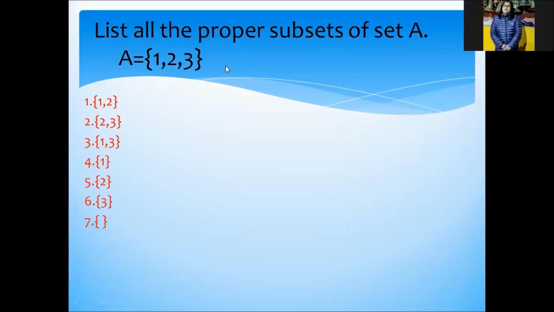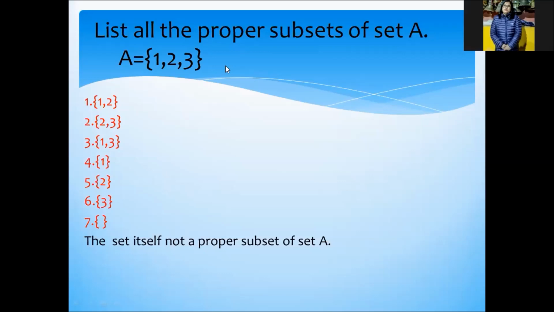And what is missing here? What can you see here? What is the difference between a subset and a proper subset? Okay, the set itself is not a proper subset of set A. So in the previous example, the set itself was also a subset, but in this example, the set itself is not a proper subset. That is the difference between subset and proper subset.